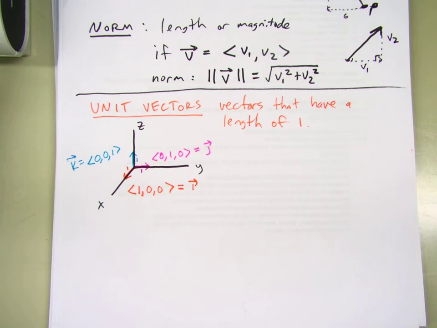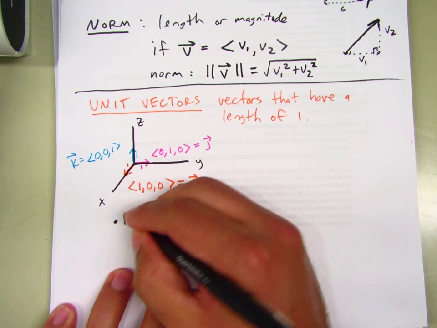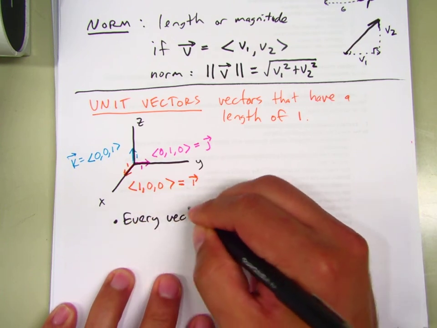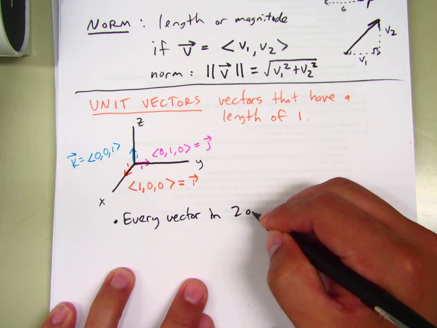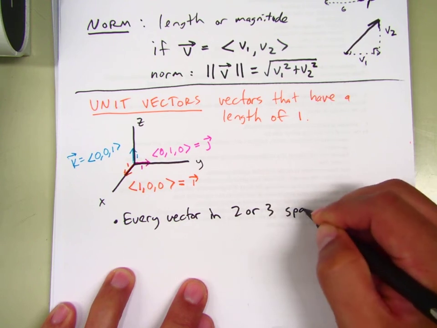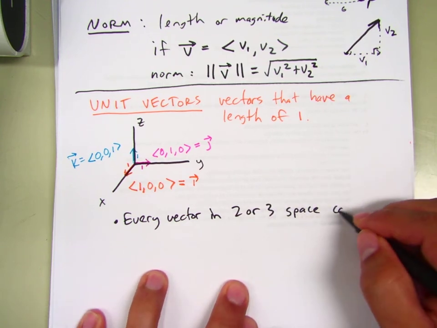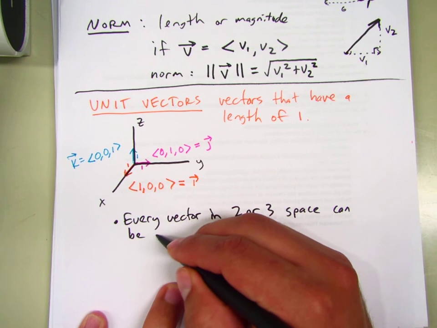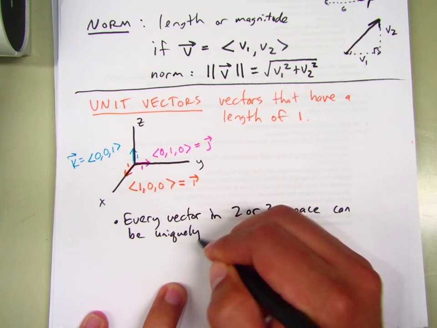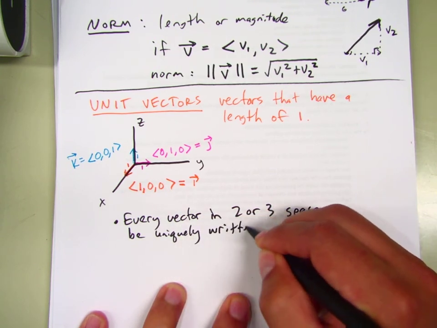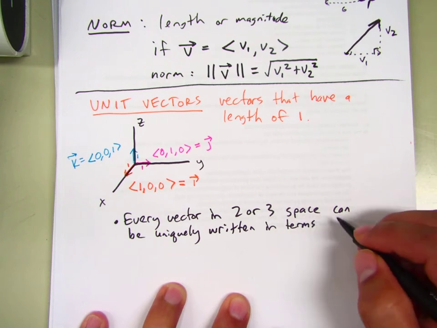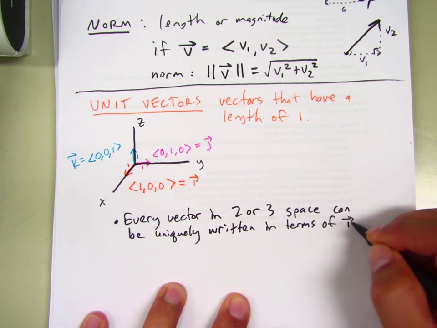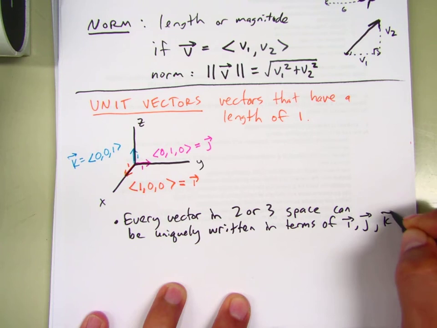And what you need to be comfortable with is the concept that every vector in 2 or 3 dimensions, so in 2 or 3 space, can be uniquely written in terms of i, j, and k.